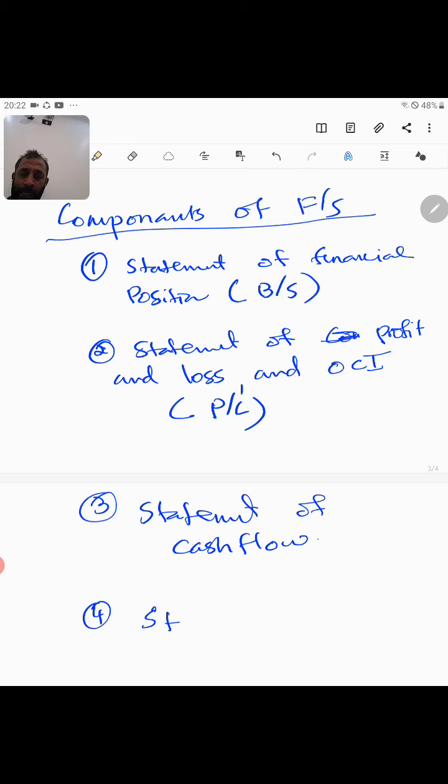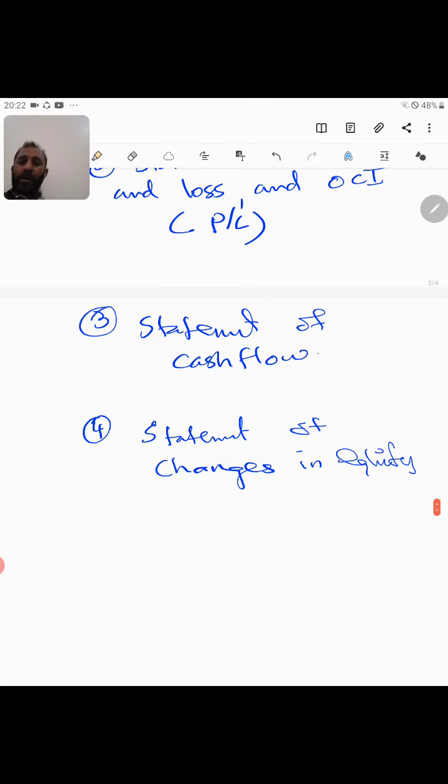The fourth is the statement of changes in equity. And the last one is what we call disclosure notes. These are the five components of financial statements.